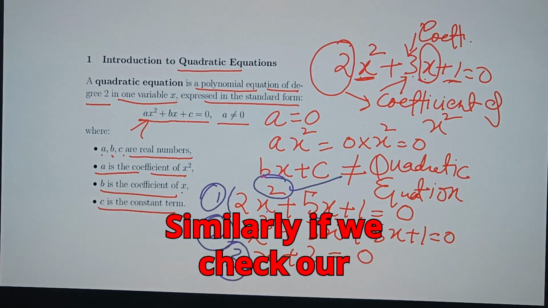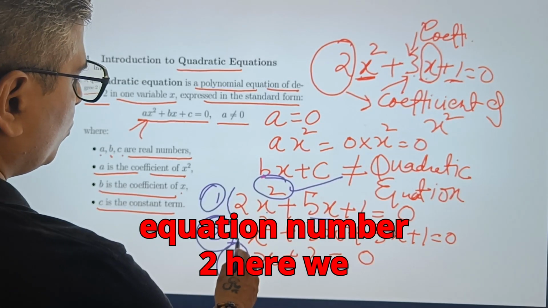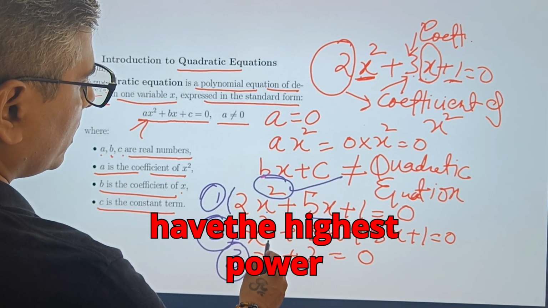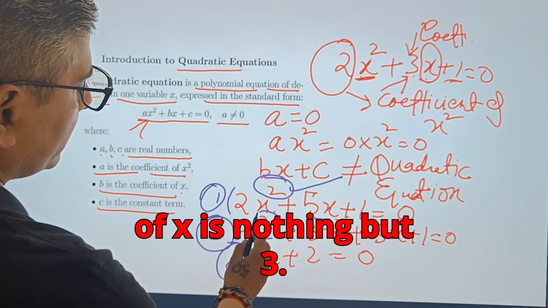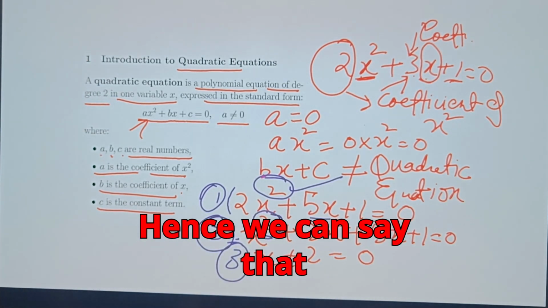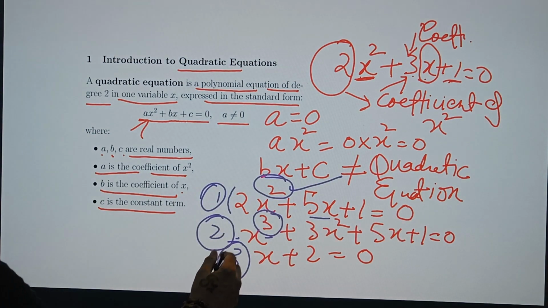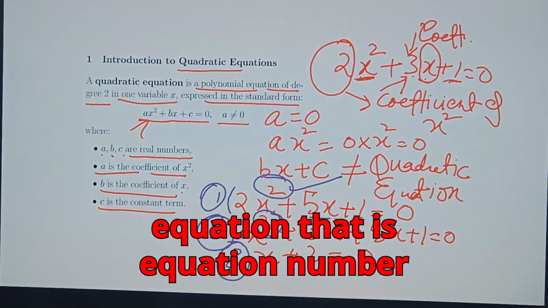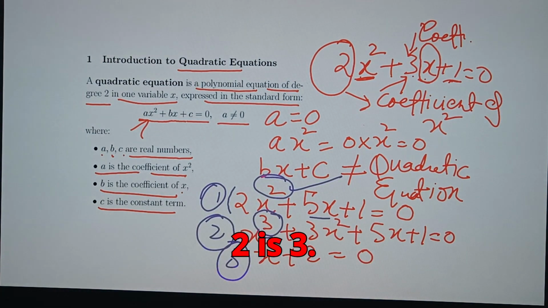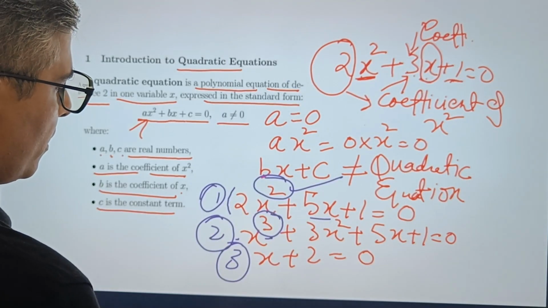Similarly, if we check equation number 2, the highest power of x is 3. Hence, we can say that the degree of equation number 2 is 3.